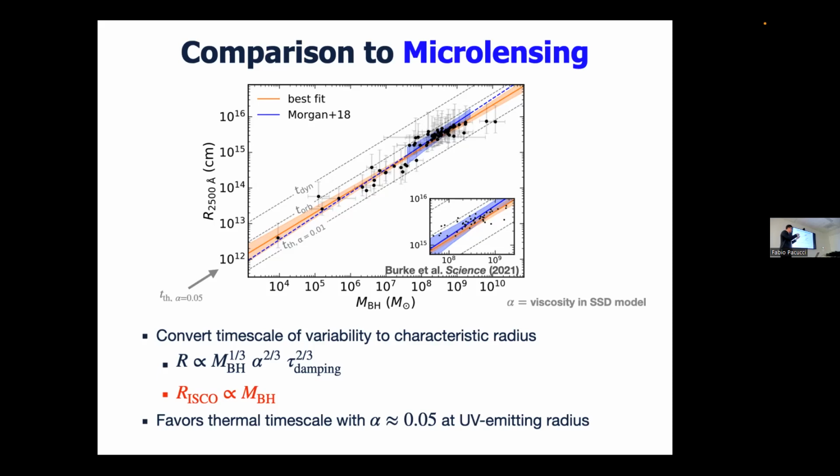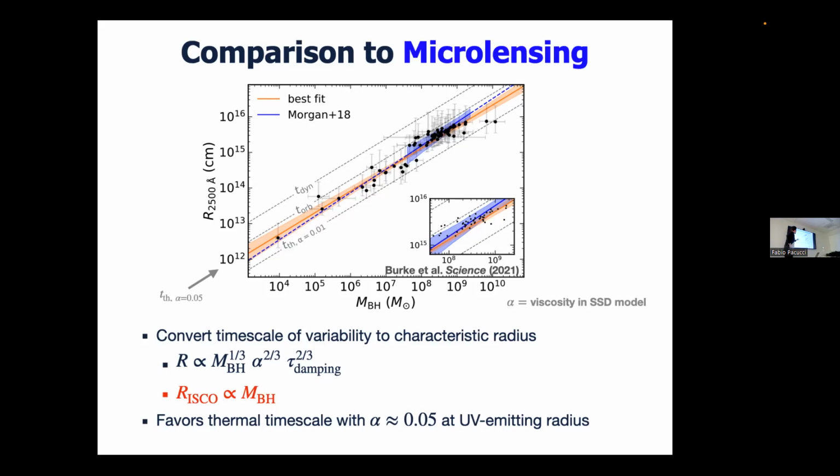And so assuming that optical microlensing behavior sort of matches the optical variability behavior, the radius in the disk, we can compare the two. And that's what we've done here.